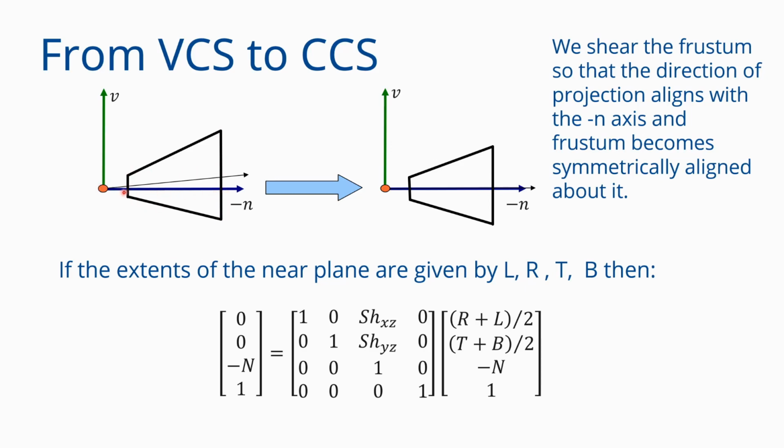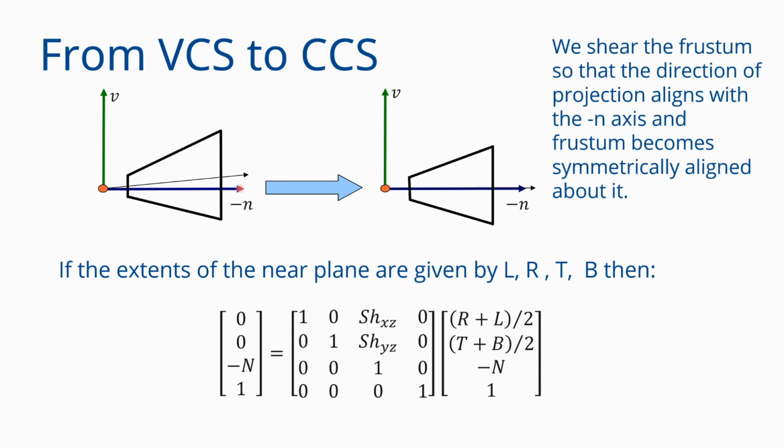But the n-axis need not hit the near and the far plane at their centers. So the thin arrow here is the line joining the center of the near plane and the far plane, whereas the bold blue axis is the direction of the negative n-axis.